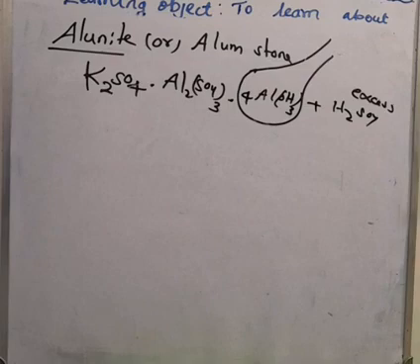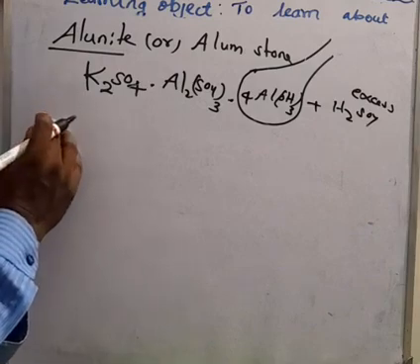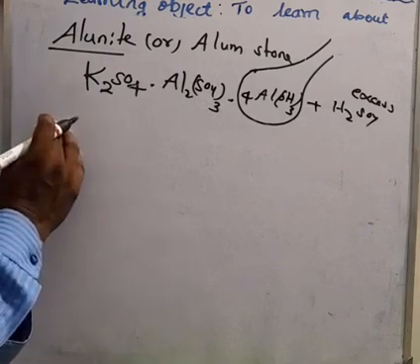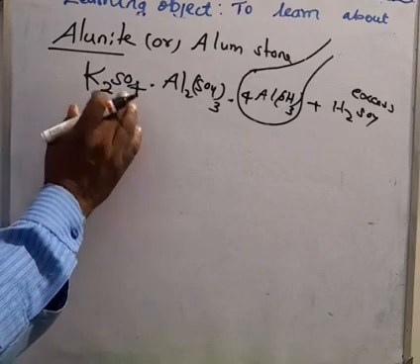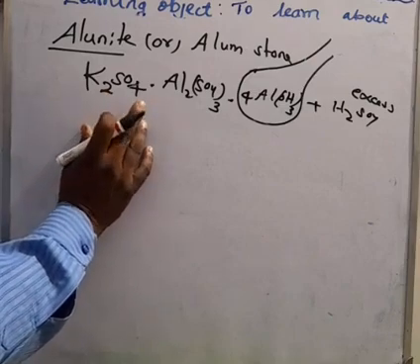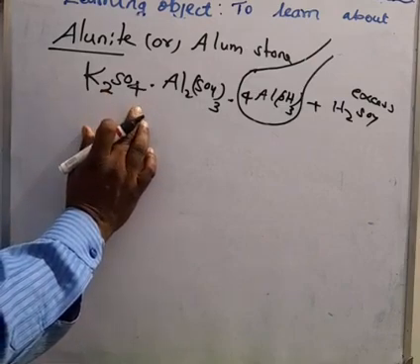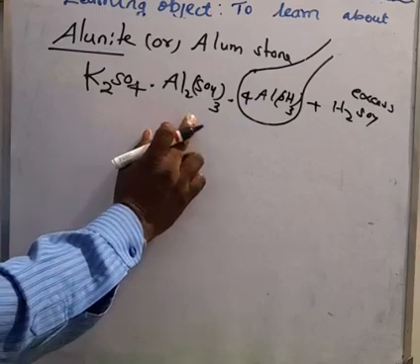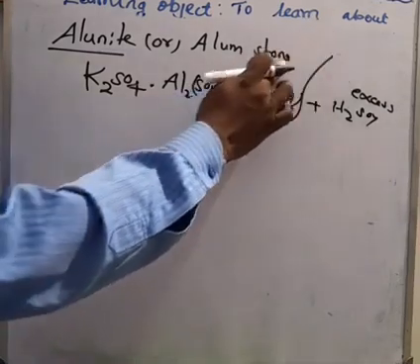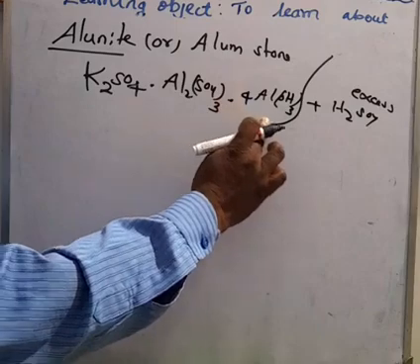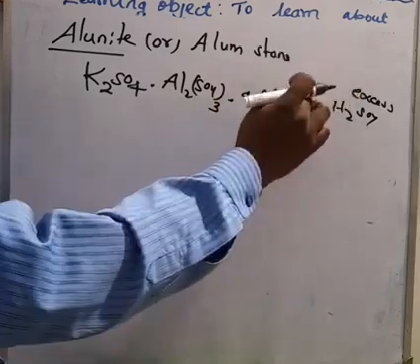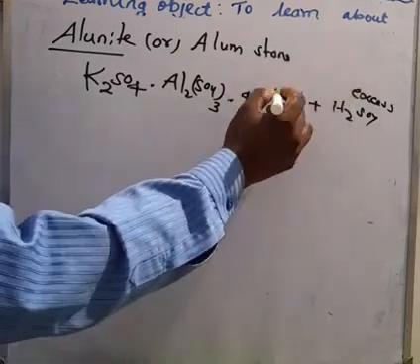Now we can write the formula of that alum stone, otherwise alunite. What is the formula? K2SO4.Al2(SO4)3.4Al(OH)3. What is the name of this compound? Alum stone or alunite.